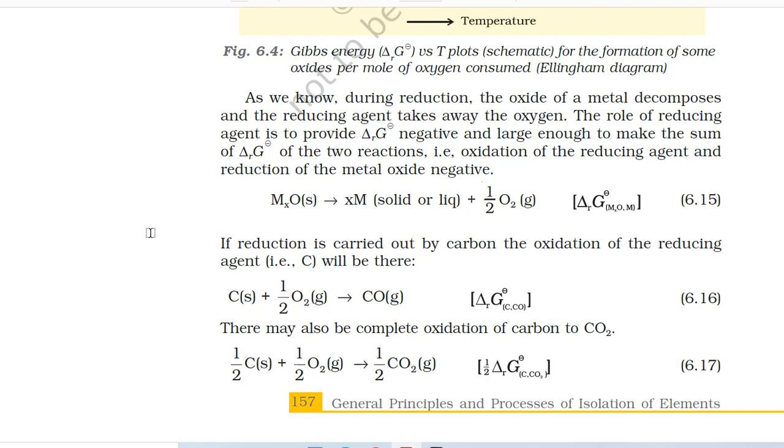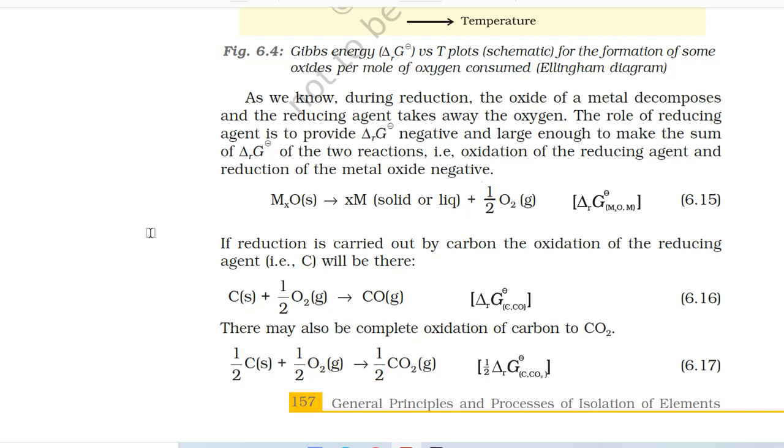MxO in solid state gives xM (solid or liquid) plus 1/2 O2 in gas state, with delta rG0 (MxO, M). If reduction is carried out by carbon, the oxidation of the reducing agent, that is carbon, will be: C (solid) + 1/2 O2 (gas) gives CO (gas).